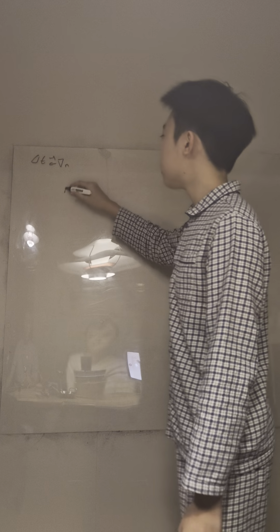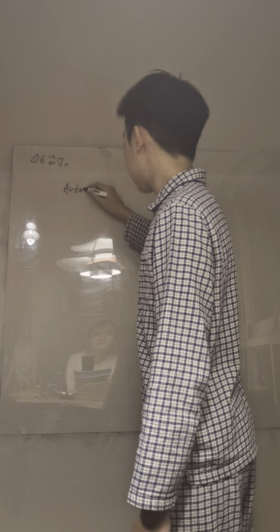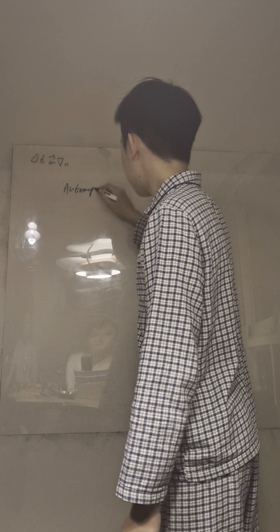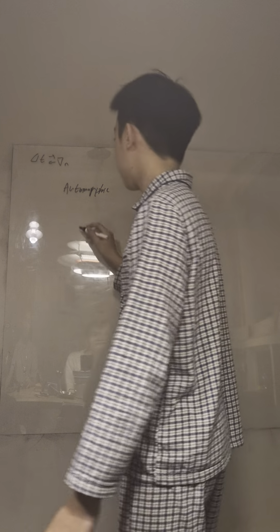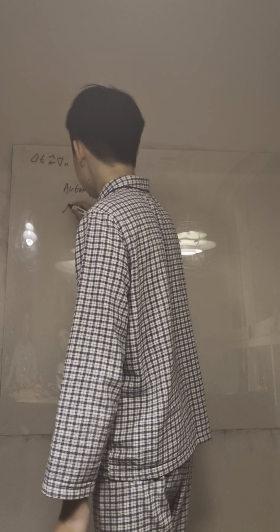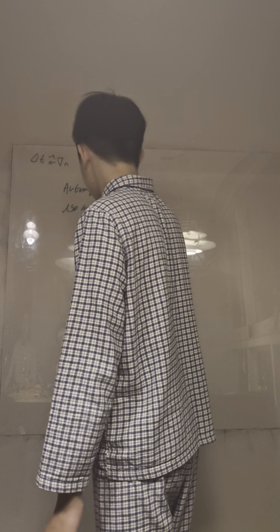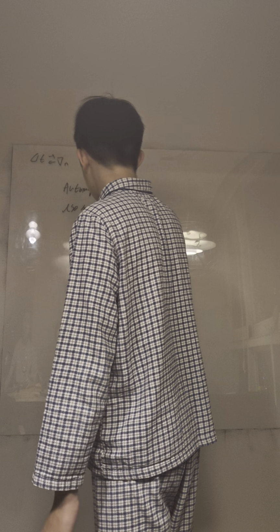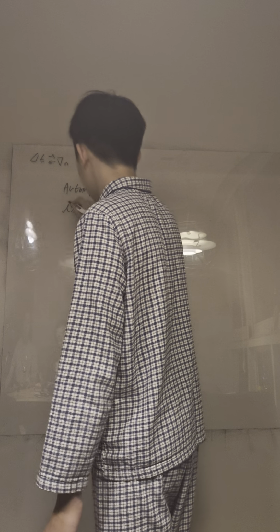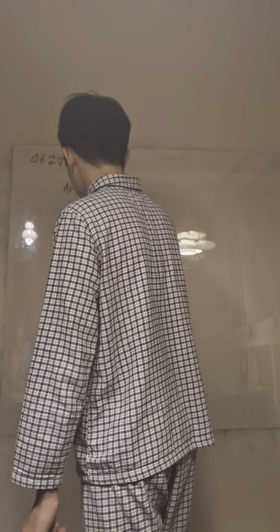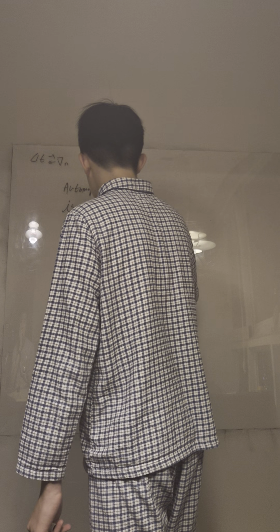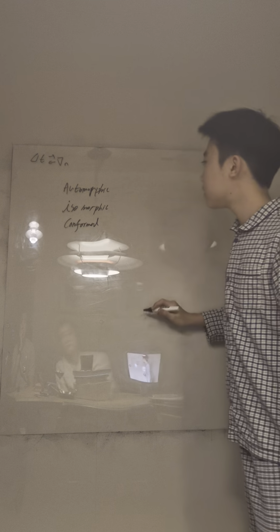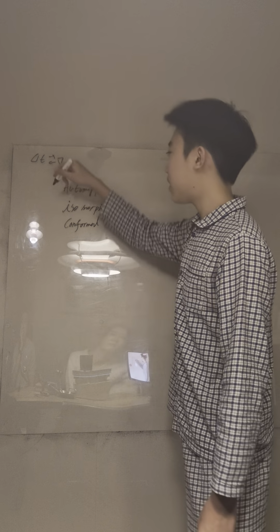The first one, automorphic boundary. Second one, isomorphic boundary. Third one, conformal boundary. These three boundaries cannot pass each other.